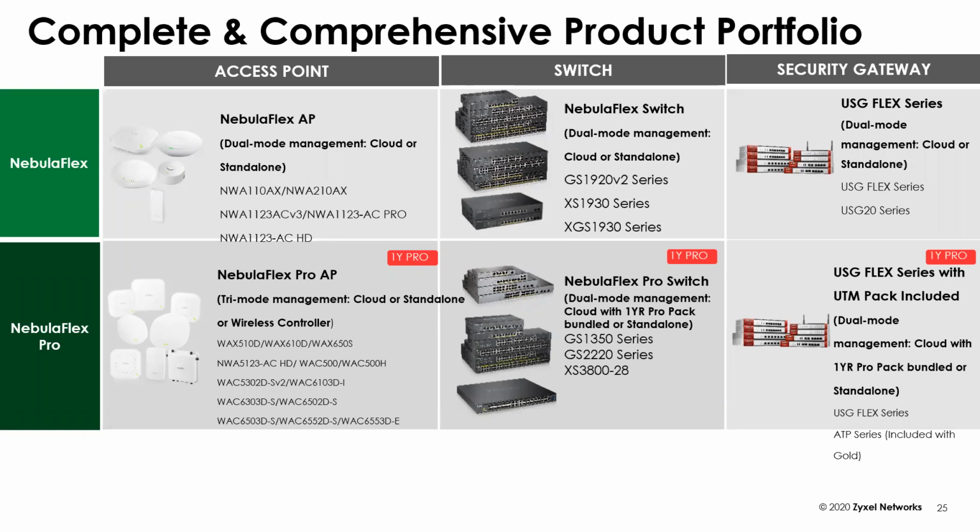And then when it comes to the security gateways, if you buy a USG Flex that is bundled with UTM services, it will also include 1 year of Pro Pack as part of that bundle that you could use. And then our ATP series, the gold versions, which is how they're sold out of the box. If you have a gold license, it also includes Nebula management if you want to use it.